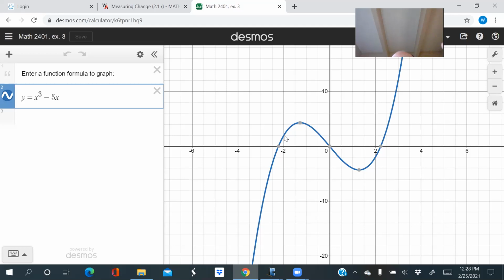It's going up, obviously, right? Yeah. So right there at -2, it's going up, but I want to know how fast it is going up right there at -2. So I want to know what's the instantaneous rate of change right at -2. We know what happened on average from -3 to -1. I want to know what's happening right at -2.